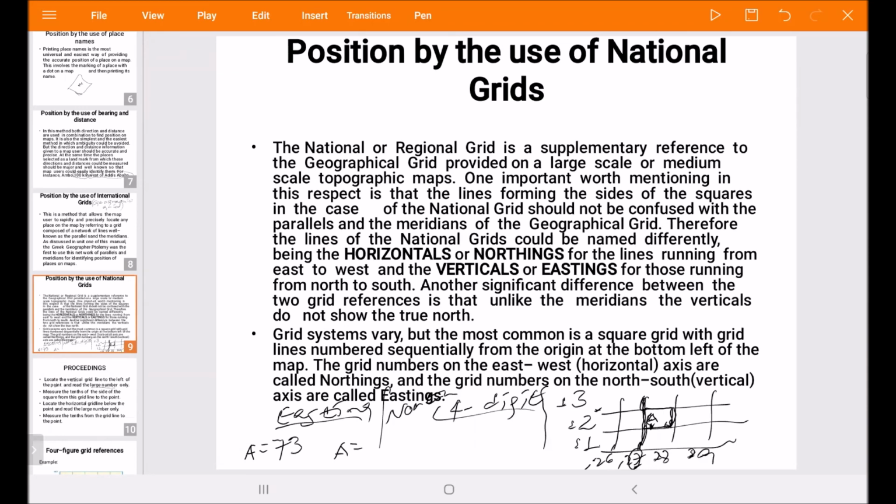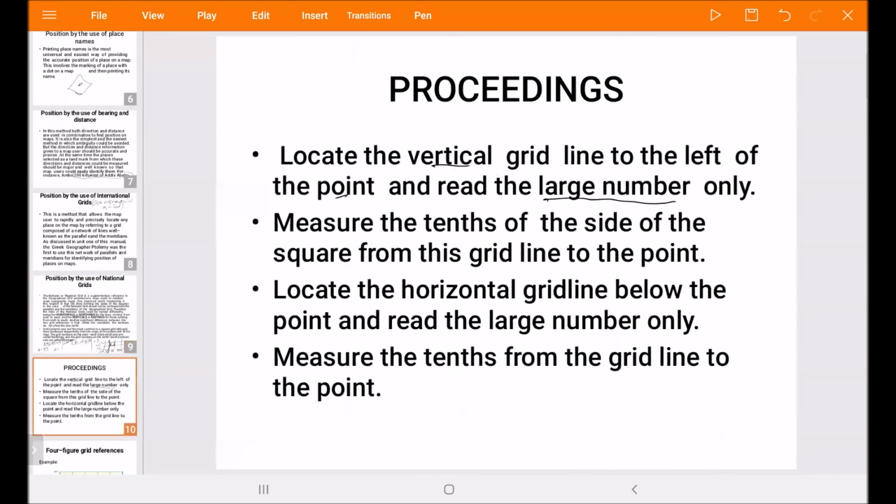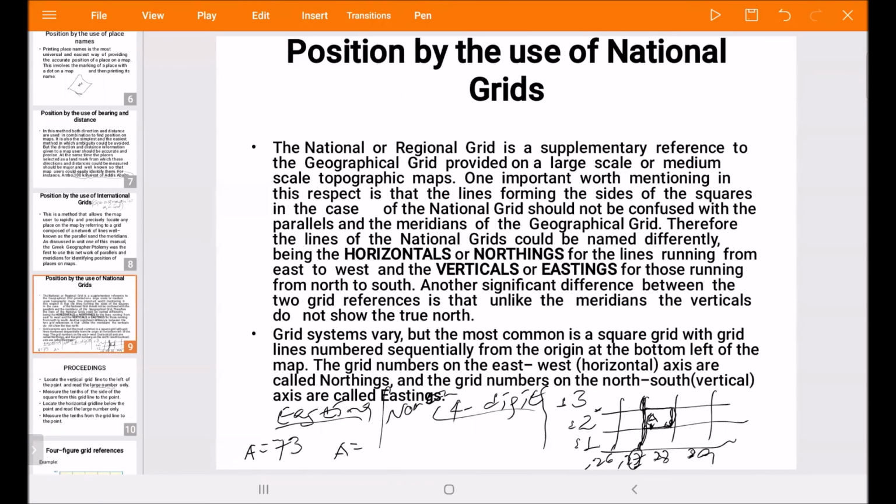Again, for northing, another procedure: locate the horizontal grid line below the point and read the large number. This is point A, below the point. Locate the horizontal grid line below the point and read the large digit.